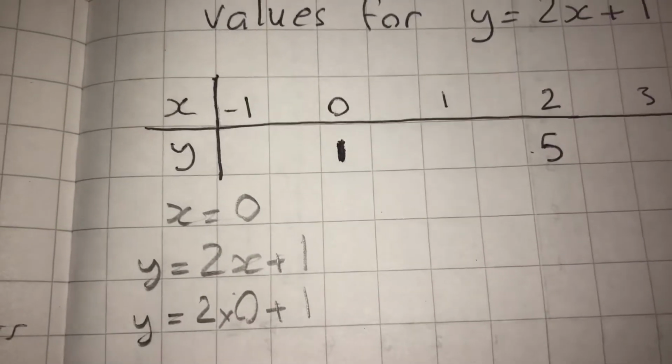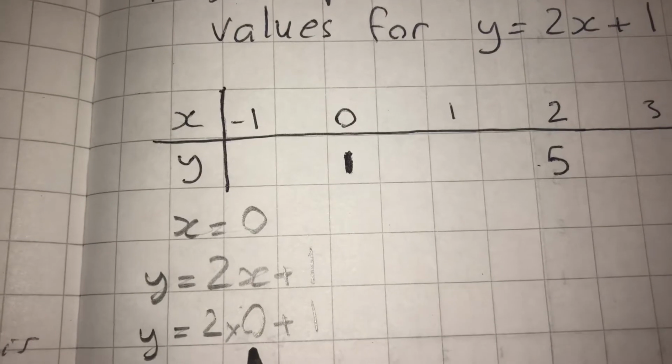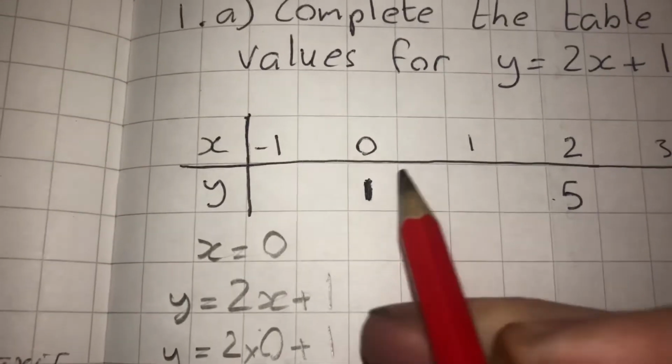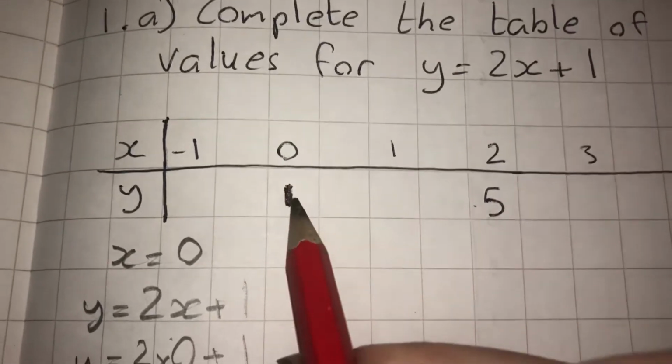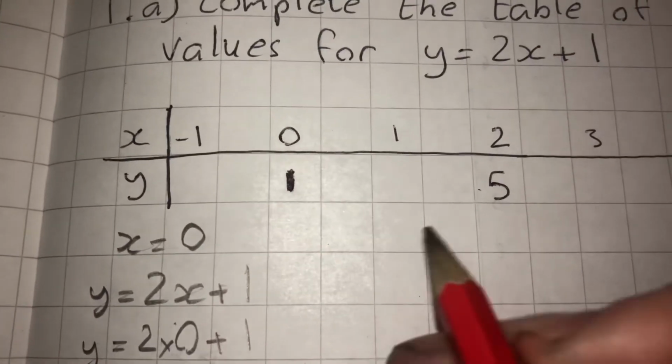Even if you put that into your calculator, 2 times 0 is 0, plus 1 is 1. So that makes sense. When x is 0, y is 1. We have that up here. So we can do that for the missing values.